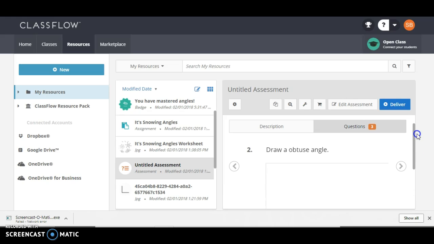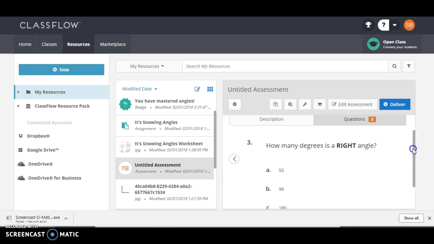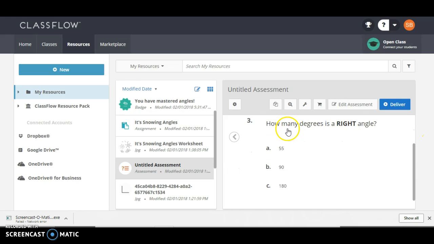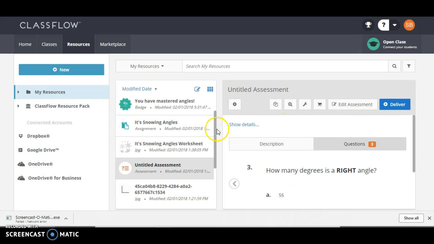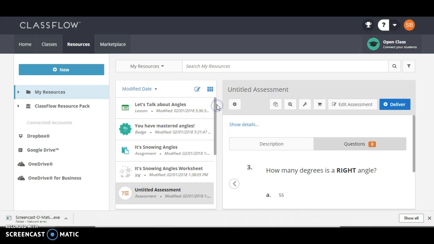They will already have defined what acute and obtuse angles are, so they will be able to draw an obtuse angle. Finally, we talk about a right angle, which is 90 degrees, and they'll be able to answer this question successfully.